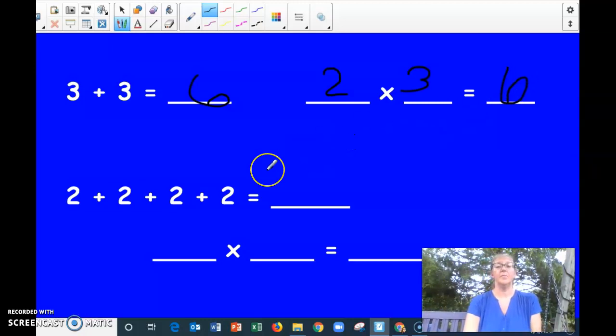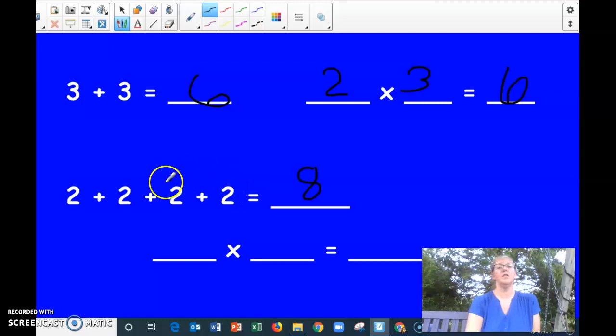This one's a little bit bigger. 2 plus 2 plus 2 plus 2. Well, I can skip count my way to find the answer. I can say 2, 4, 6, 8. Okay. So, 8. Now I need to think about how many groups that is.